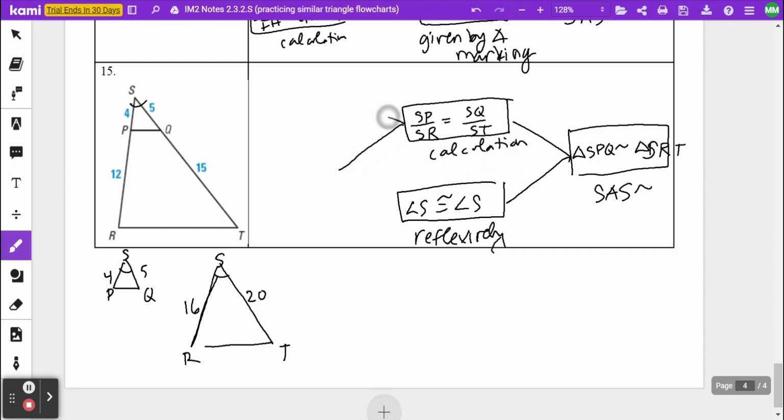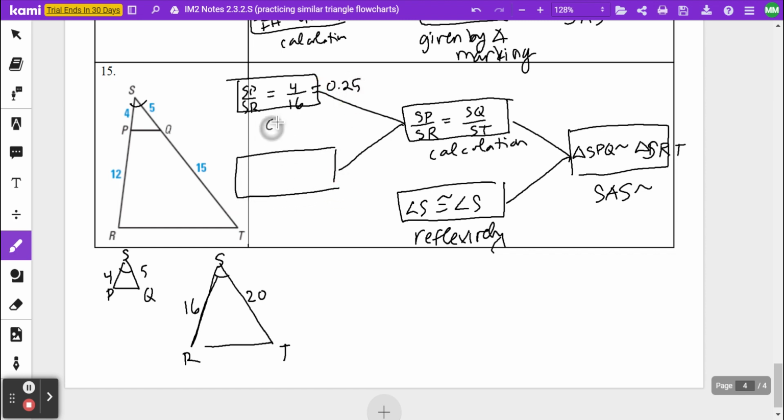Okay, let's check on this. What's SP over SR? Well, that's 4 over 16, which is 0.25. And that was by calculation. And what's SQ over ST?